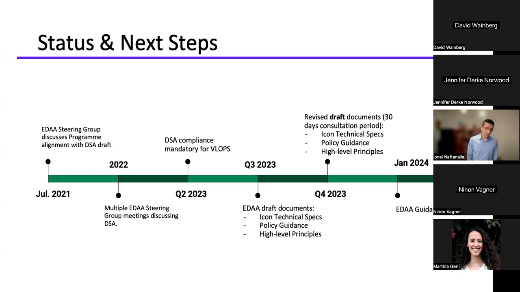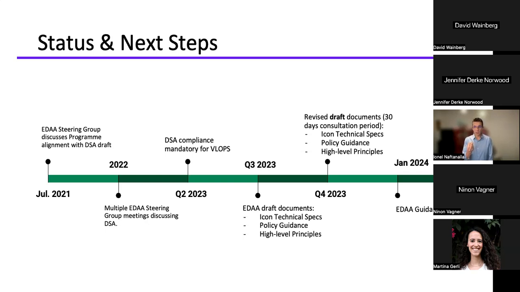We even came up earlier this year with a few draft documents related to how to use the icon, the Add Choices icon, to accommodate Article 26, wrapped with a policy guidance to further explain those technical specs, and with some high-level policy principles.